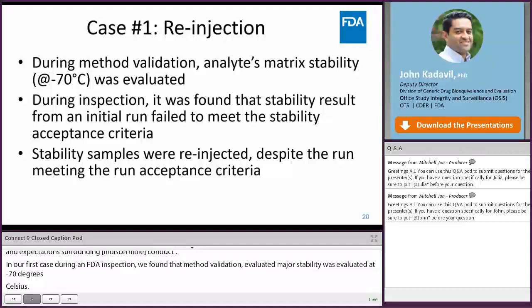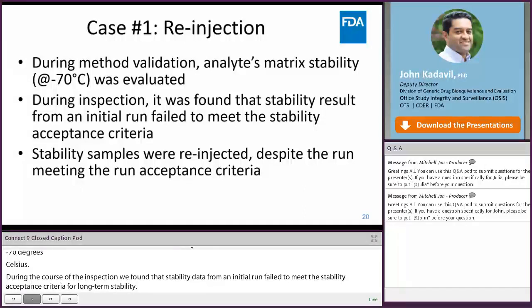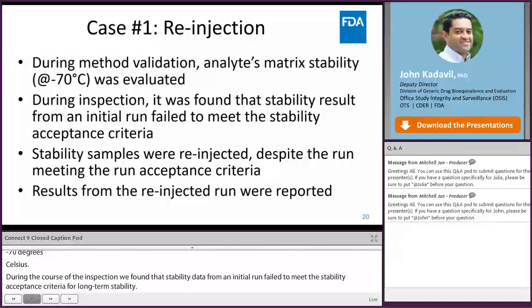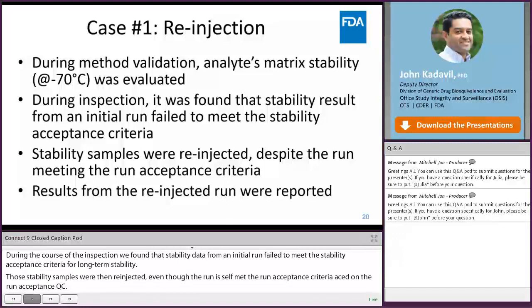Those stability samples were then re-injected, even though the run itself met run acceptance criteria based on the run acceptance QCs. The firm only reported the stability data from the re-injected run and did not report the stability results from the initial run.